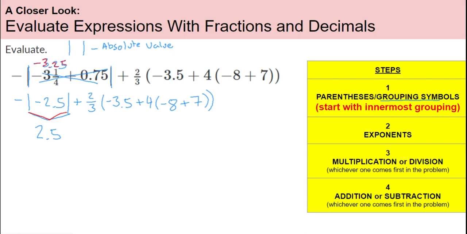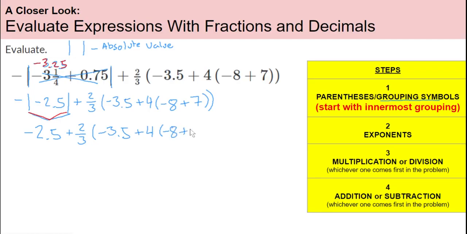So the absolute value of negative 2.5 is positive 2.5. Let's drop everything down, but notice there's a negative there, so it makes it negative. Okay, so now it's negative 2.5. Very confusing. Negative 2.5 plus 2/3, and then we're just going to write everything that we have.